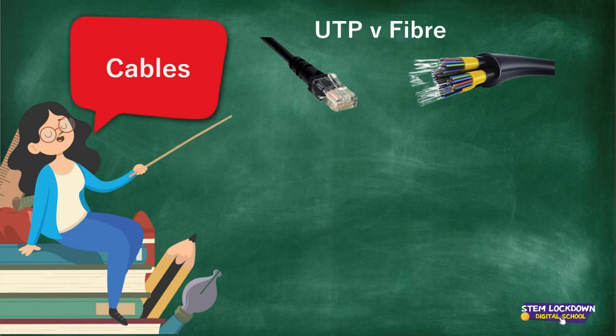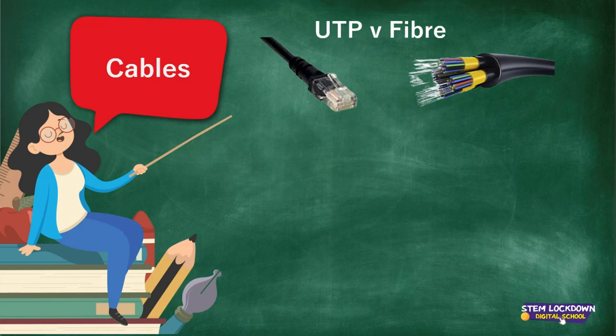So it is not really necessary to have cables that can handle so much speed. So there is a comparison between UTP and fiber, but the most important thing to consider is your needs first.